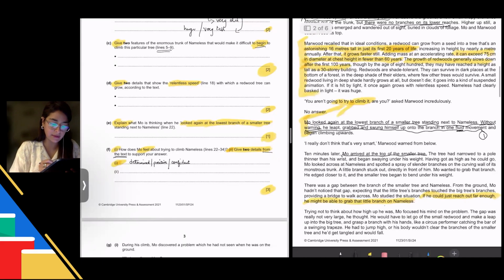He's looking for ways to be able to climb the Nameless. So this again shows us that he's relentless. He is trying his best to climb the Nameless, optimistically. So these are 3 details out of which you pick any 2, and you could get 3 out of 3 for this question.